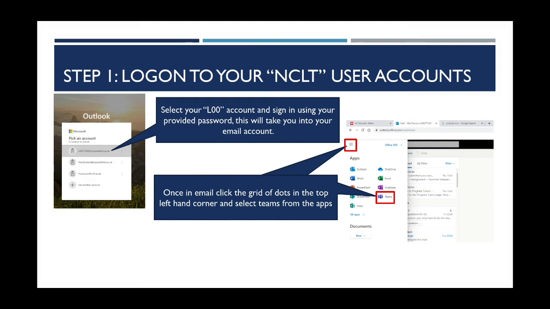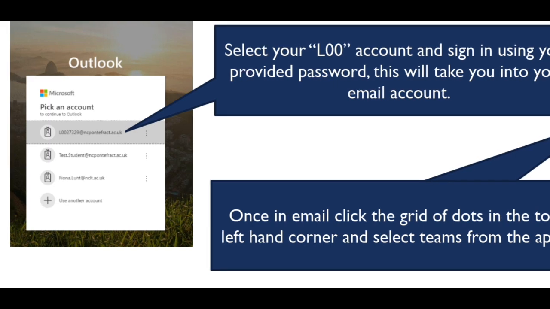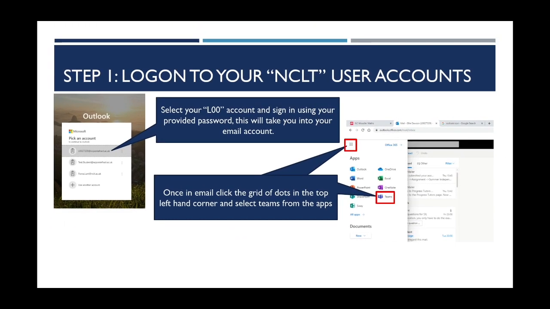So once you are into the portal and you've selected the Outlook option, it will come up with your accounts. Okay, so you will obviously need to use another account because you won't have gone in there yet. So add your account to that using your L number, sign in with the password provided, or if you've already changed that, then that will take you into your email account.